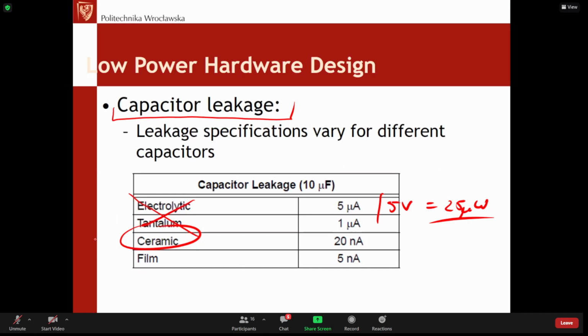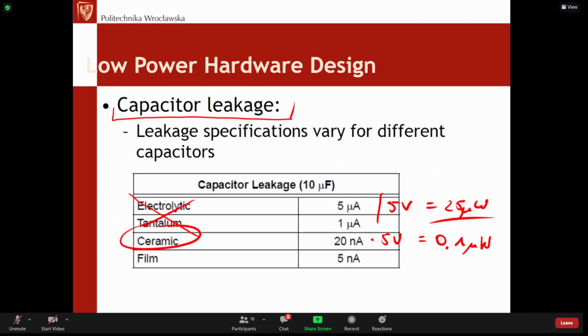Today, in electronics, the only choice we have are ceramic capacitors, which deliver tens of nanoamps. With the same example, we multiply by 5 and have 0.1 microwatt. Still some value, so still take a look. It's not for free.